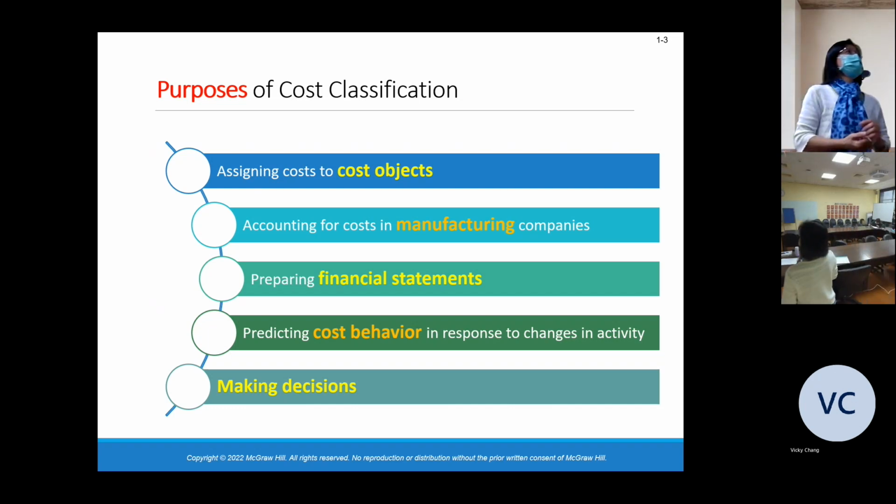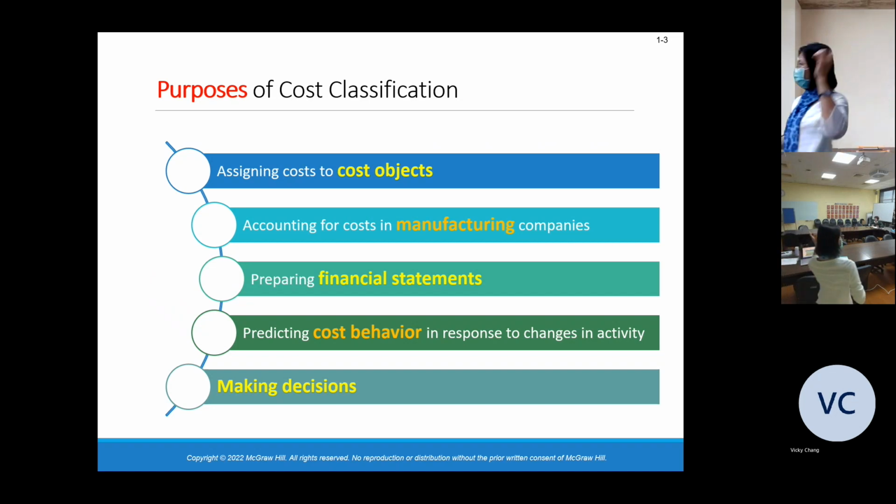The second purpose is accounting for costs in manufacturing companies, especially for manufacturing companies. Because we have to prepare financial statements, right? Can you identify one account within the asset accounts? What do assets include? Cash, land and buildings.